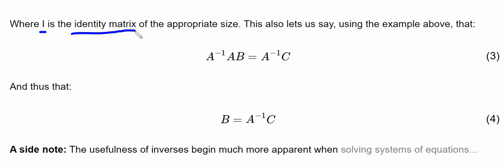So where I is the identity matrix, and also if I give you an example, what we can do is we saw that AB can equal C. These are totally different matrices.